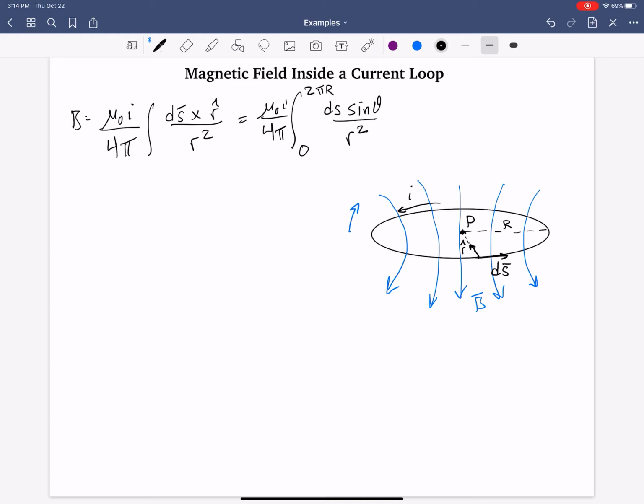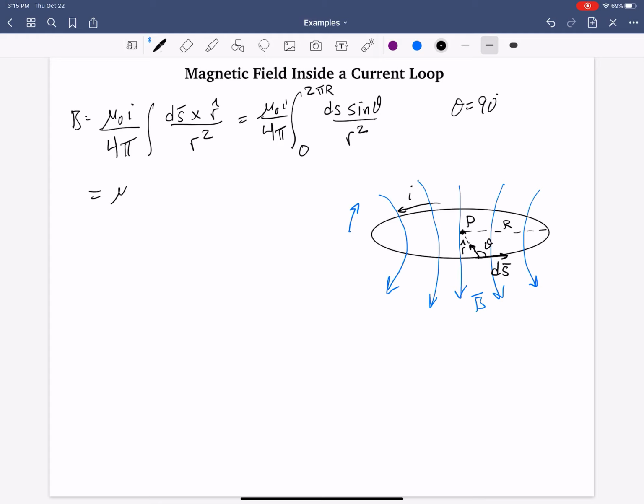The angle in between, I've tried to draw it a little bit askew. If that's a circle, that's 90 degrees. So in this case, theta equals 90. So sine of 90 is 1.